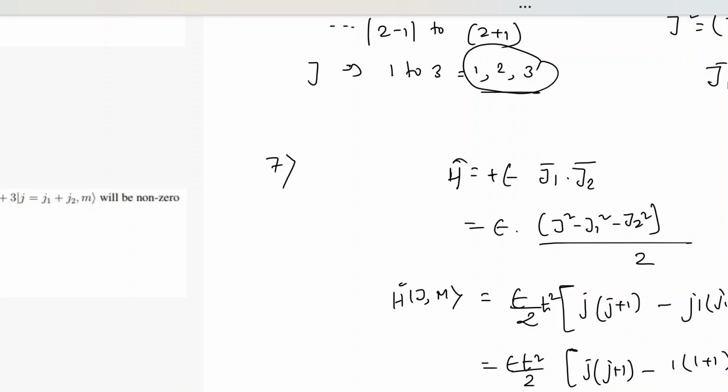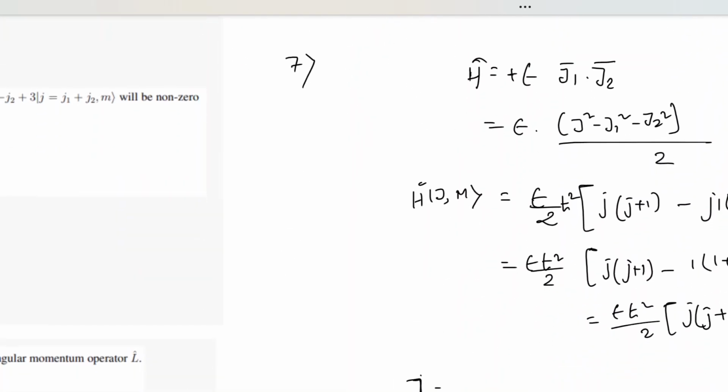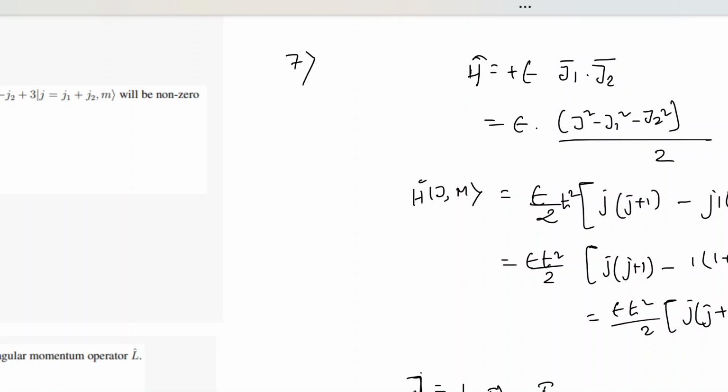Now based on what value of J is taken, because J can take the values of 1, 2, 3, all. So for J equal to 1, the energy eigenvalue is epsilon ħ squared by 2 times 1 into 1 plus 1, so this is 2 minus 8, which is minus 6.